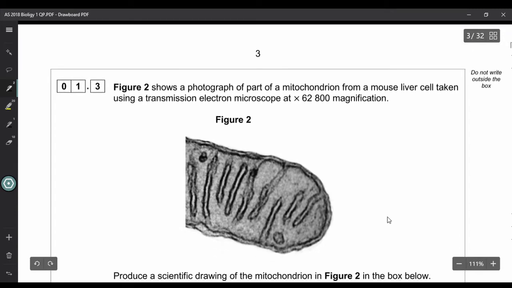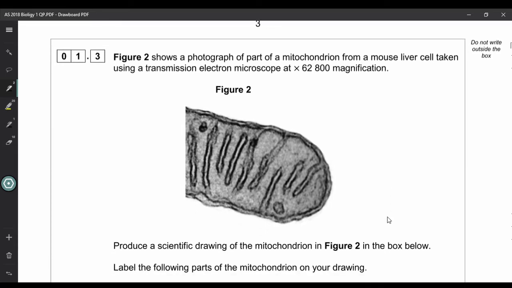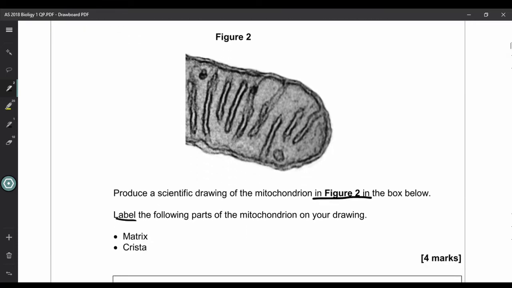Okay, part 3. You're given this photograph of a mitochondrion and you're asked to produce a scientific drawing of the mitochondria in figure 2. Okay, it says label the following parts. So you've got the matrix and the crista. Now, again, looking at the examiner's report, this question's worth 4 marks, but only 2.4% of students got the full 4 marks.